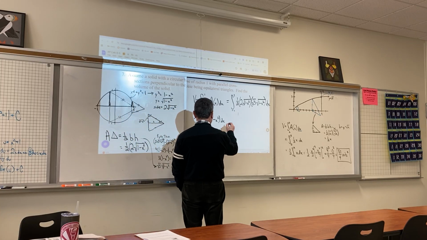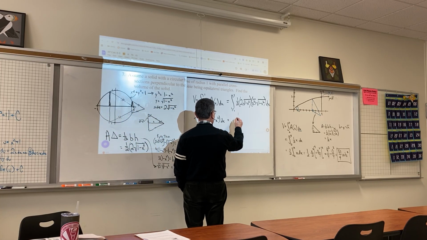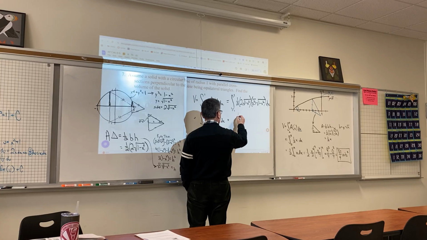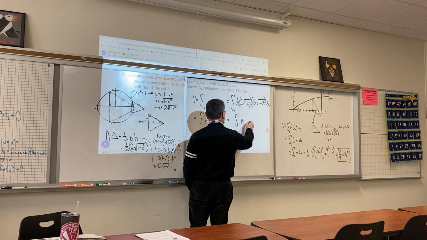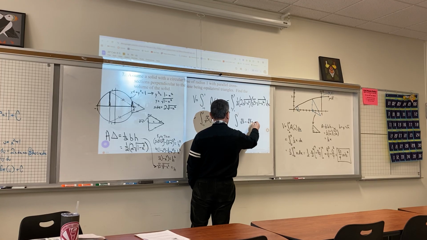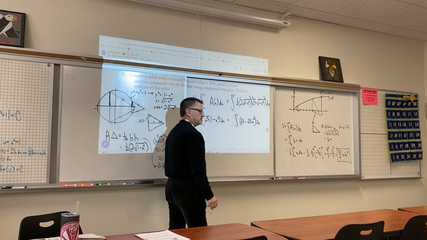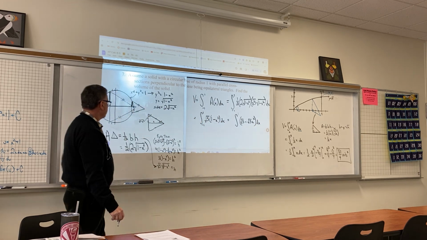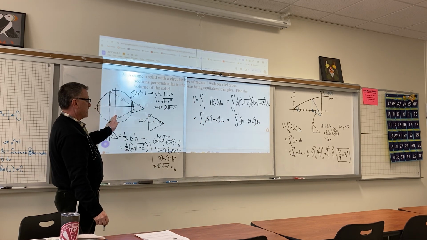And I could probably really simplify that. That could be the integral of square root of 3 minus square root of 3 x squared dx. I could do that integral by hand. And you know what else? I'm gonna do it by hand.